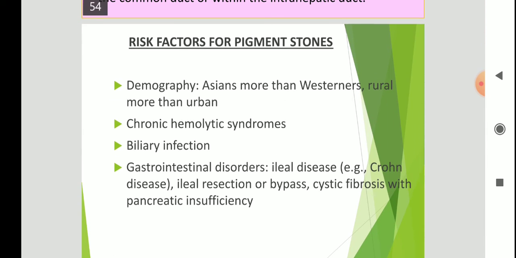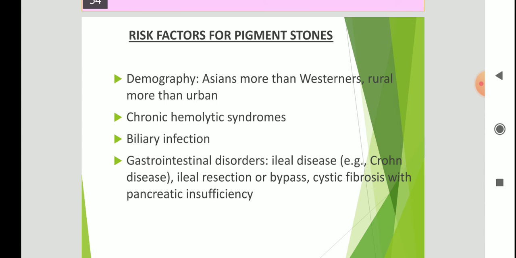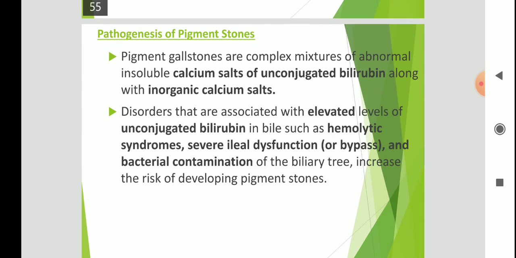Risk factors. Again, chronic hemolytic syndromes, biliary infection, gastrointestinal disorders like ileal disease, ileal resection, cystic fibrosis, pancreatic insufficiency. Pathogenesis of these pigment stones: the pigment gallstones are complex mixtures of abnormal insoluble calcium salts of unconjugated bilirubin, remember that, along with inorganic calcium salts.